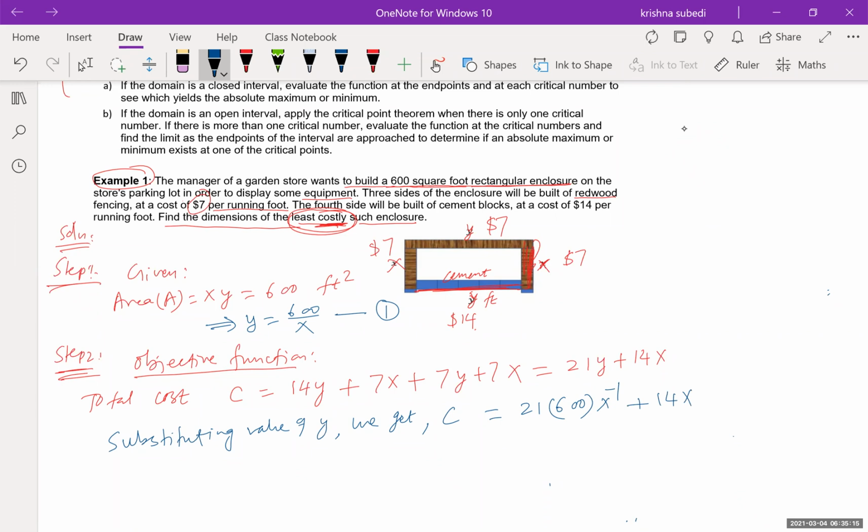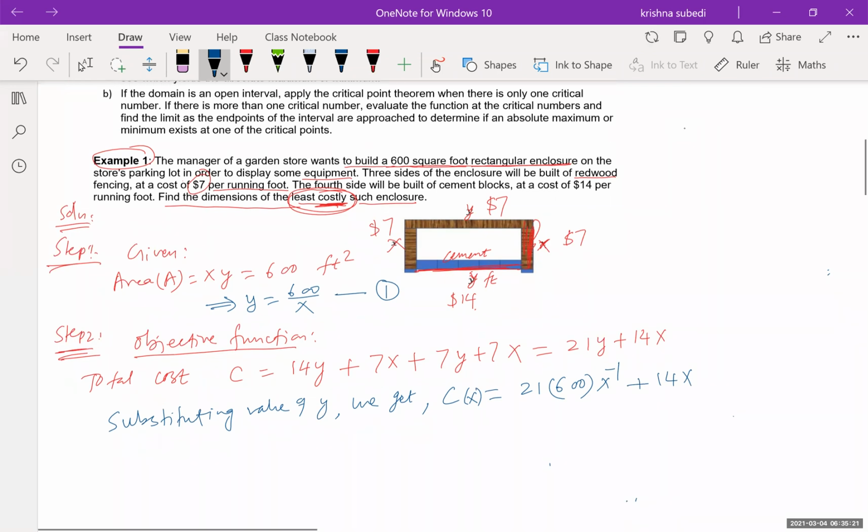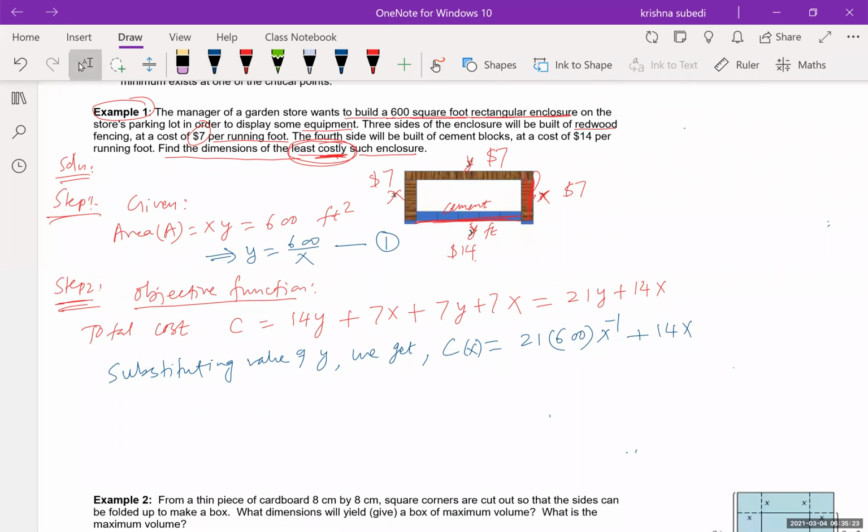So now you see that this is a function of one variable. Okay, so I can write C of x is this. Objective function is done. Now step 3.